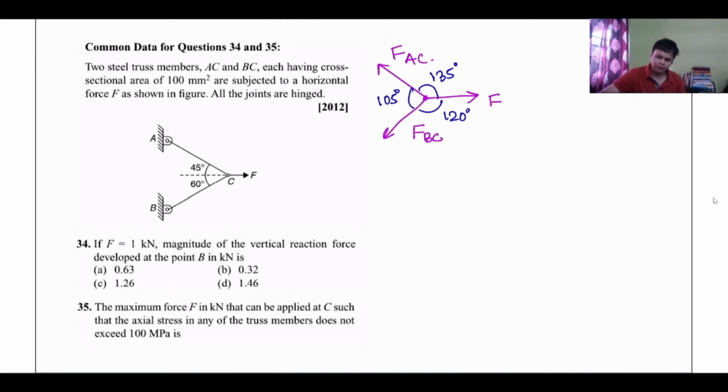Let me first calculate what is FBC. Let me write Lami's theorem for you.